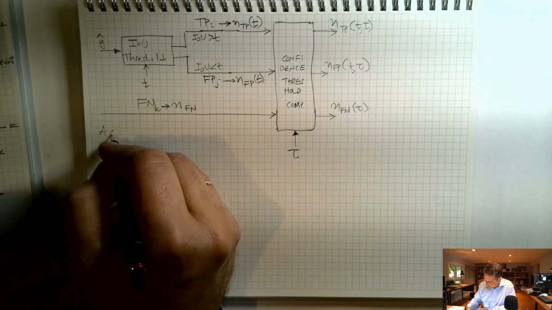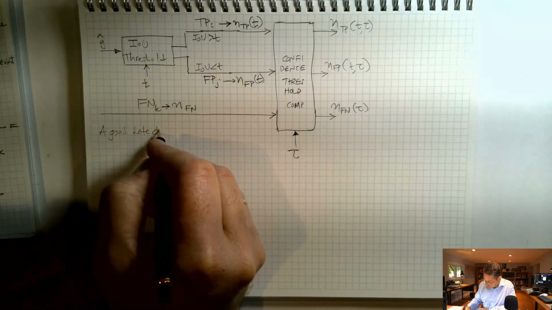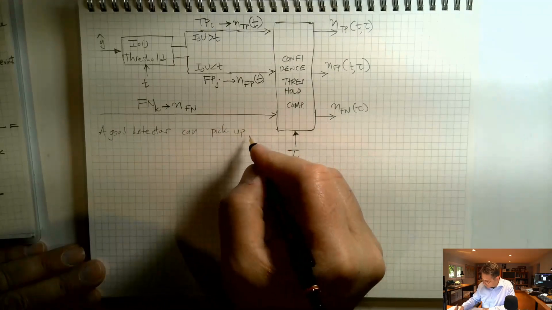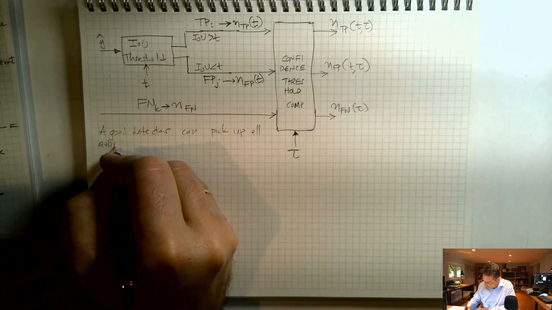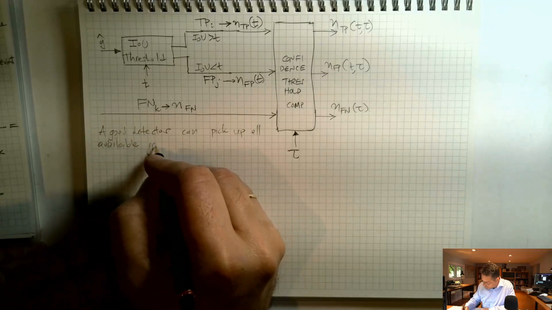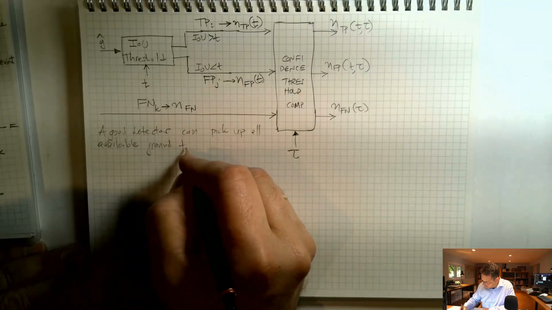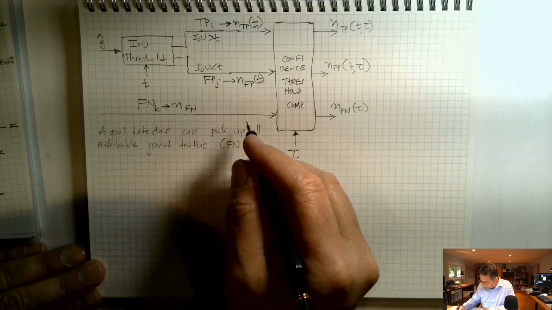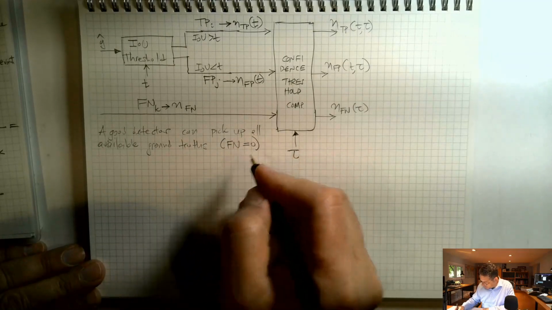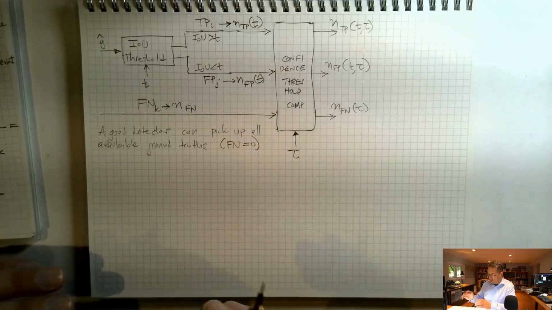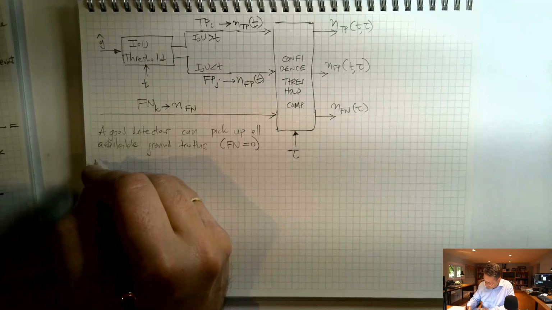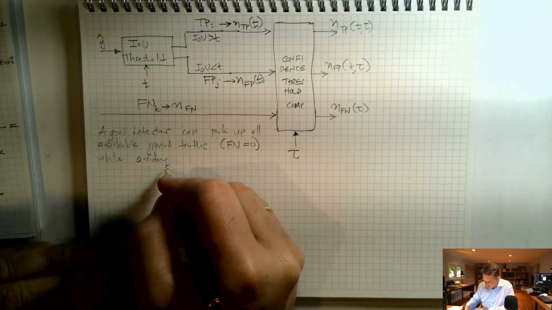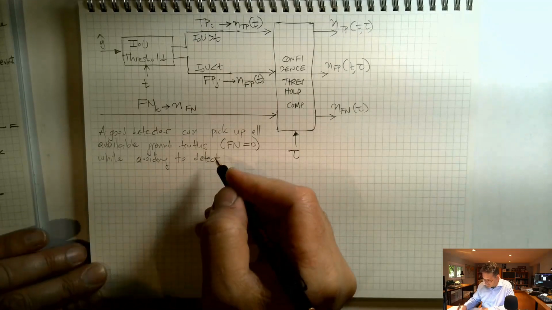A good detector can pick up all available ground truths, which means that the false negatives should be 0, meaning that we don't have any missed events, while avoiding detecting irrelevant objects.